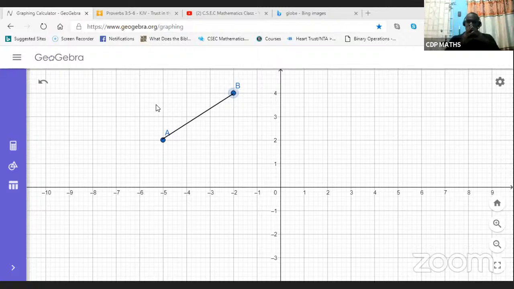If you're a pilot, that concept, slope or gradient, would have a lot to do with you, because when the aircraft is taxiing on the runway and it rises, it creates that diagonal line.